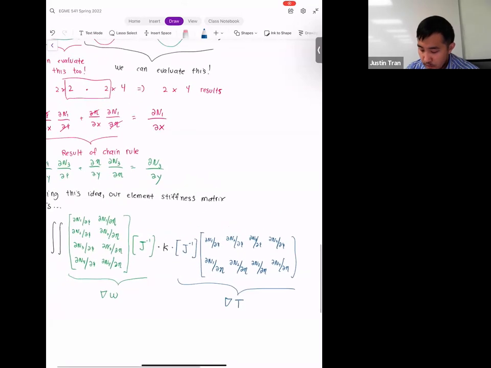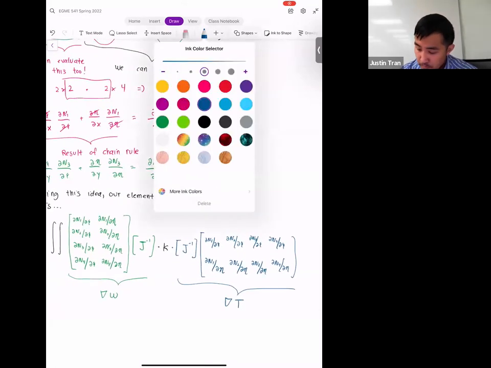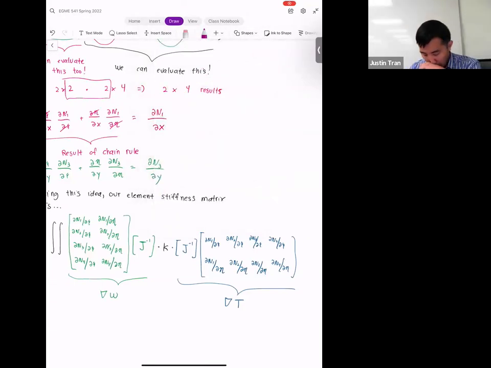Let me go ahead and zoom out just so you can see everything. Those are the transformations of our derivatives into the parent coordinates. Next, we have the transformation of the integral itself, which was the first thing we did. So we're going to multiply here by the determinant of the Jacobian. Can't forget that.